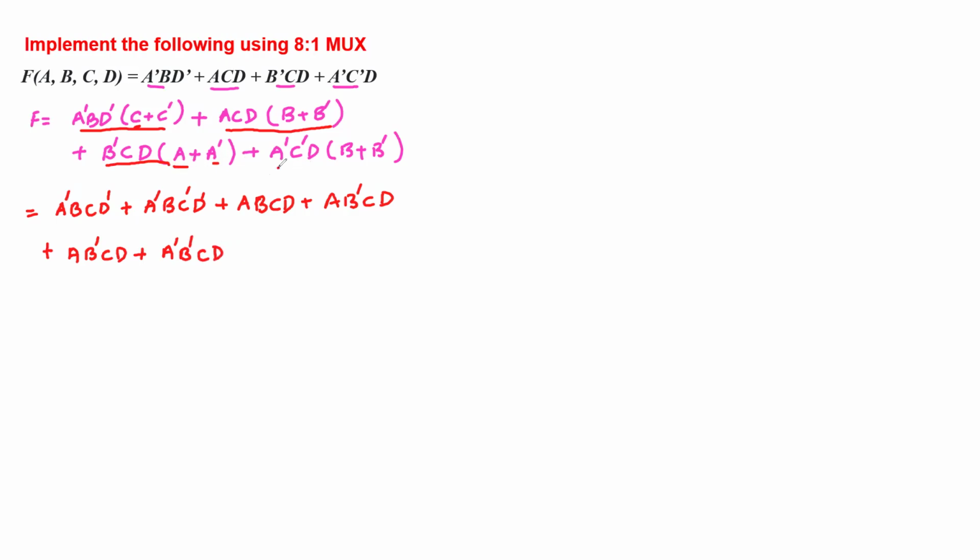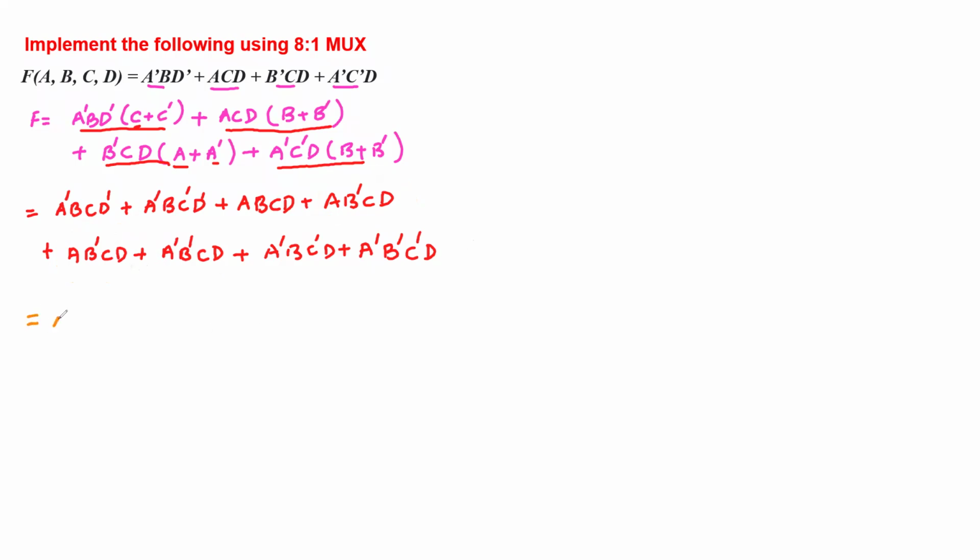Finally, we can move to this one and expand it. That is A bar B C bar D, or A bar B bar C bar D. If you observe, this min term A B bar C D and here A B bar C D are common, so they can be written only once. So we further simplify the logic.